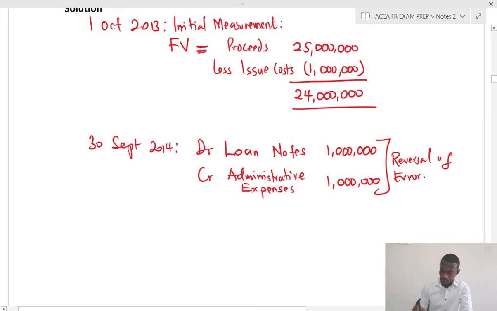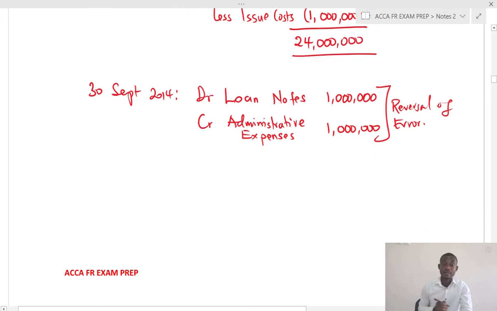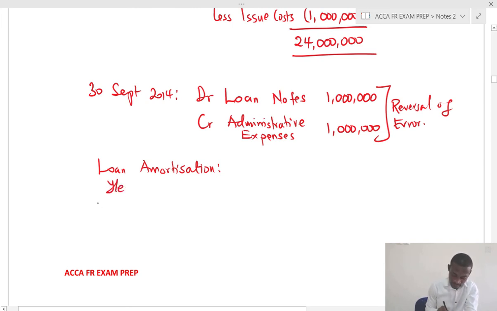Now, again at the year end, this loan note will be carried at amortized cost. So we have the loan amortization, or the amortized cost, for the year ended 30th September 2014. We have the opening balance, which will be the fair value, that will be 24 million.